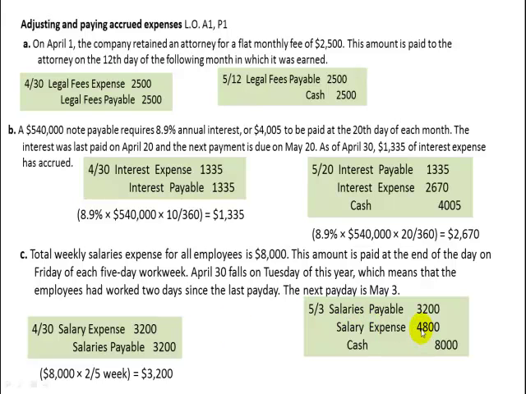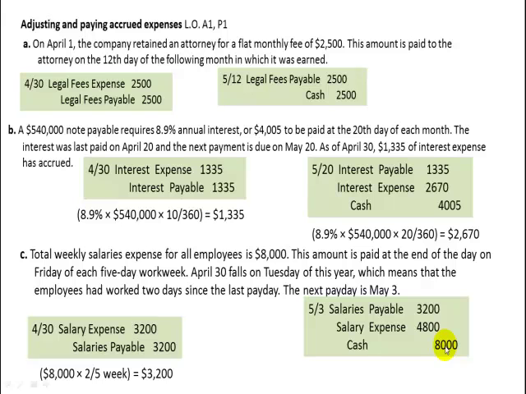for 3 days. So the 3 days that we're going to pay them will be a salary expense in May that accumulates to $4,800, and we're going to pay the whole salary on May the 3rd, which will be a total of $8,000.